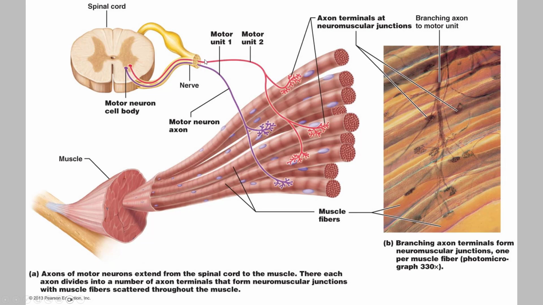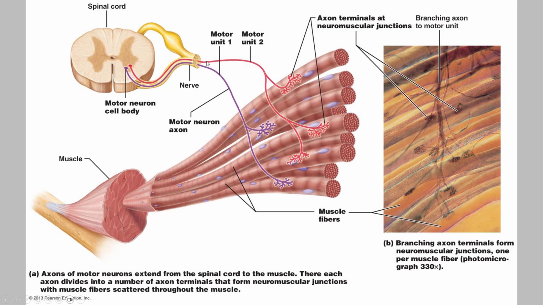If we look at the purple one, labeled motor unit 1, we can see that as it comes out, it has endings, those axon terminals, on multiple myocytes, muscle cells. Same thing with the red one, motor unit 2. Here it has those nerve endings, axon terminals, on multiple different muscle cells.